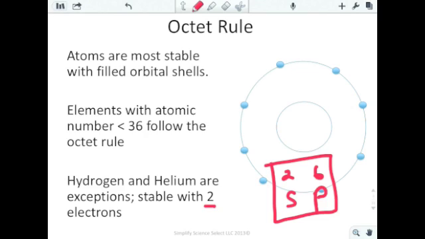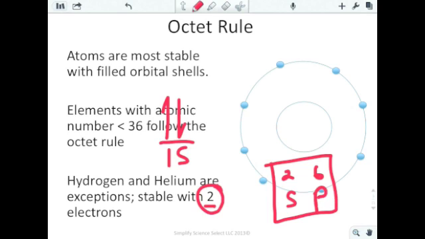The reason they're stable with 2 electrons is that in that first energy level, you only have an s, it's 1s. When they have those 2 electrons, that energy level is completely full. So they're stable like that. Since that orbital shell, that 1s, is completely filled, they're happy. They're the exception. They only have to have 2.